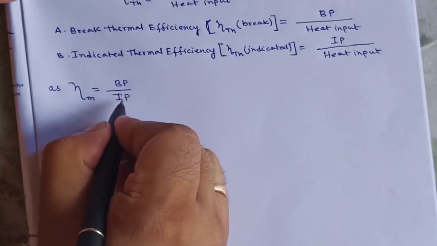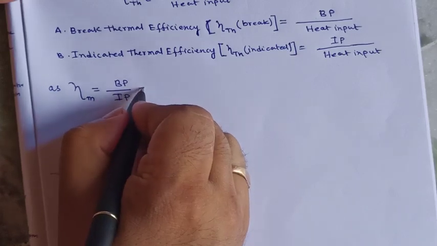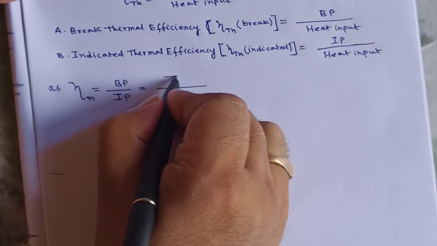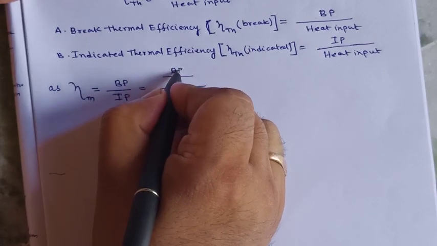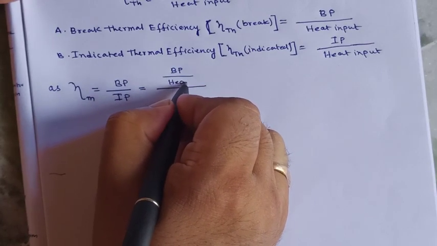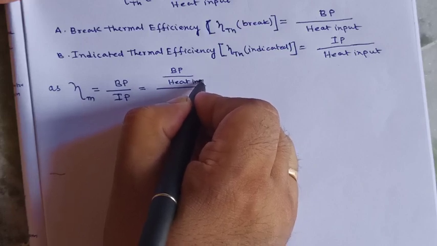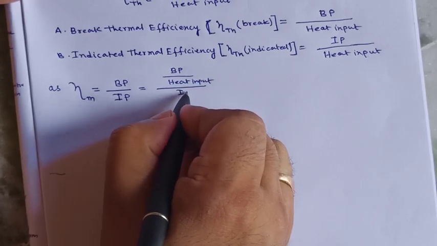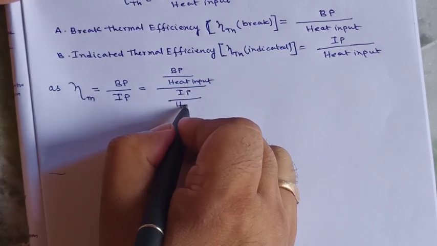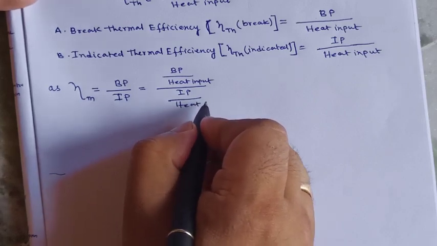I can write this as BP by heat input over IP by heat input.